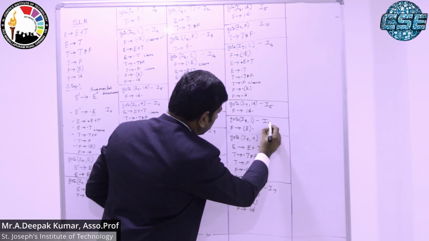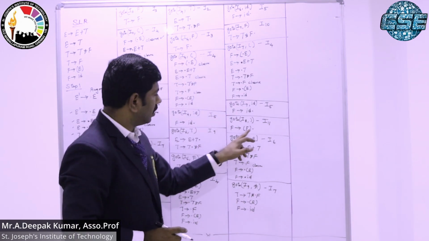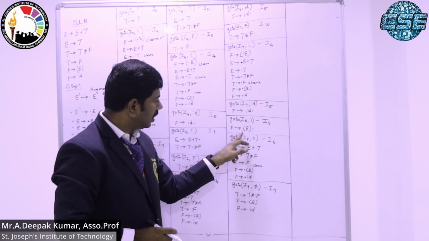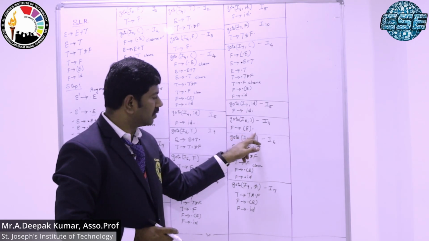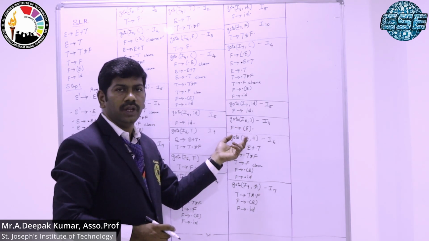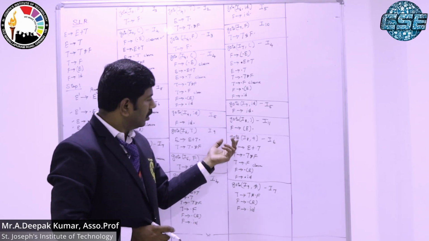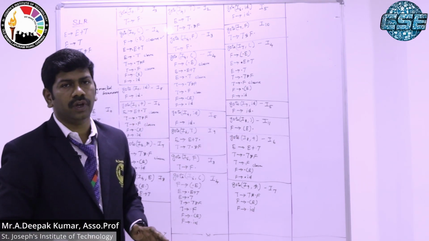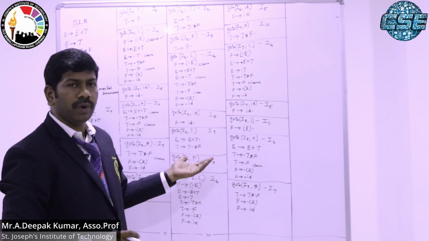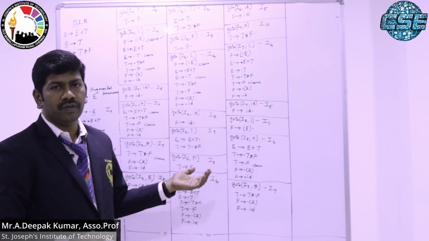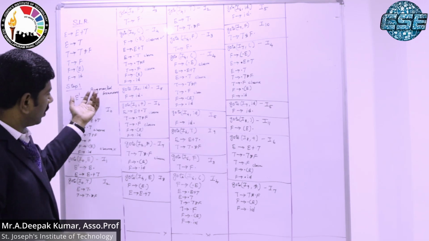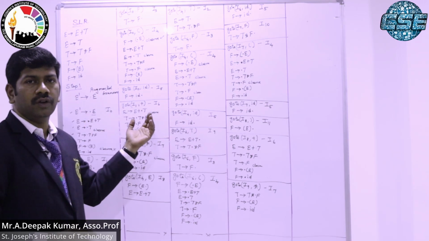Okay, check for I11. I11 is F derives open braces E close braces dot. Dot has moved to the right hand side corner of the grammar. So that's it. We have completed LR0 items. Okay, so this is the simple LR parser. We have started with augmented grammar, and we have proceeded wherever closure is applicable.